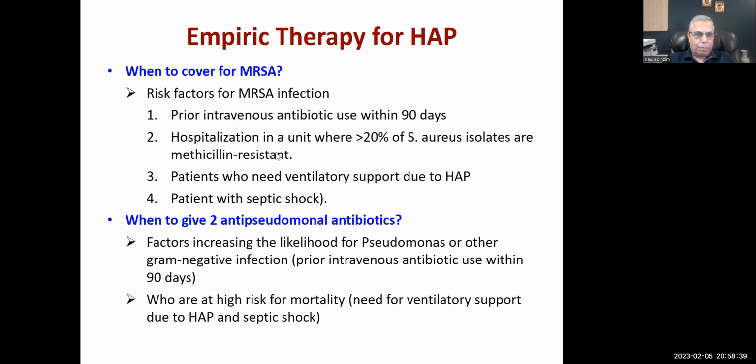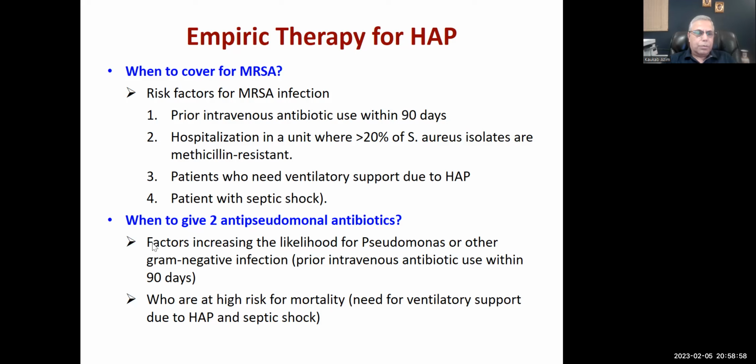What will you give for methicillin-resistant Staph aureus? Can anybody tell me? Which antibiotic? Okay, there is something on the chat, and Vanco is the answer, which is the right answer, and linezolid could also be added to that.